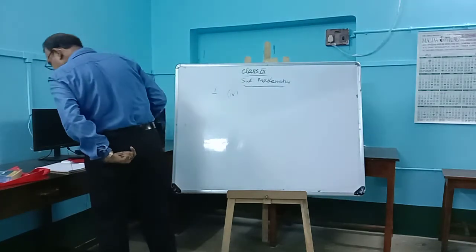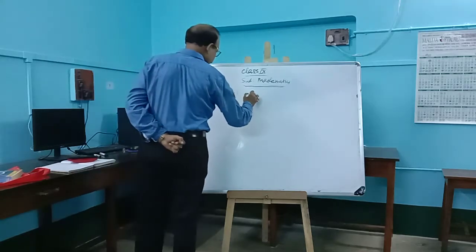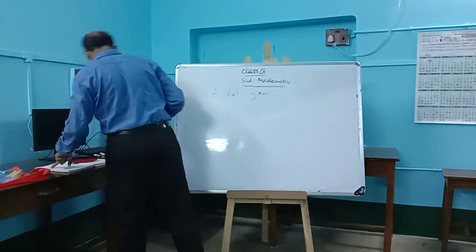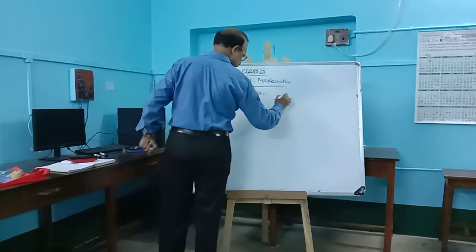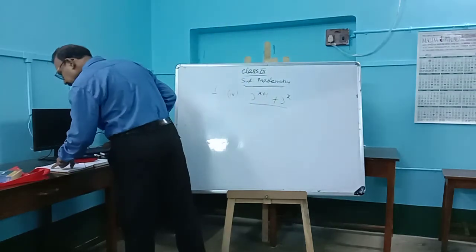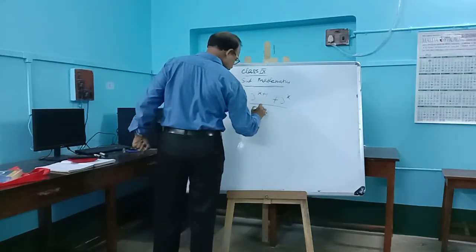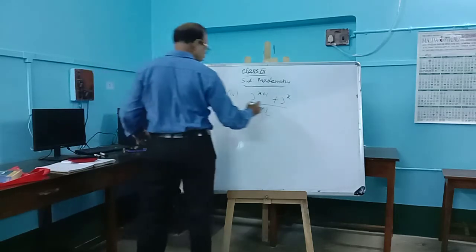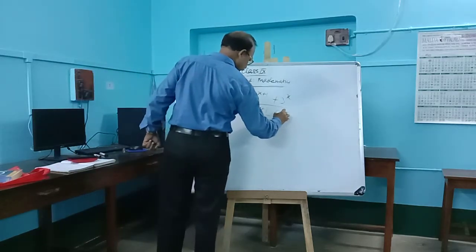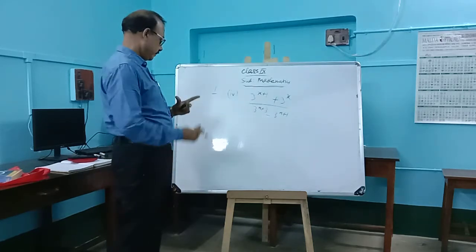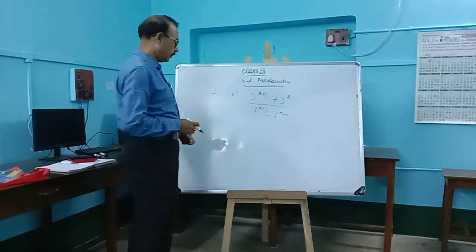Look here. (3 to the power x plus 1 plus 3 to the power x) by (3 to the power x plus 3 minus 3 to the power x plus 1). How to solve this type of sum? We don't know what the value of x is.